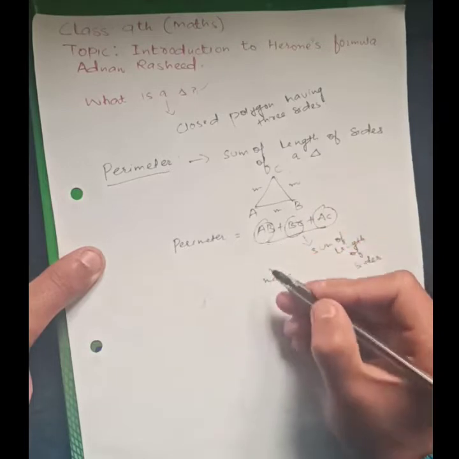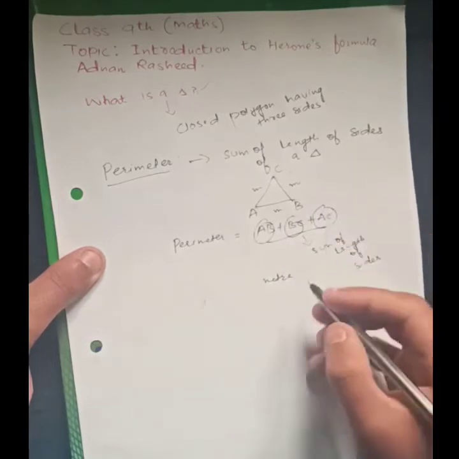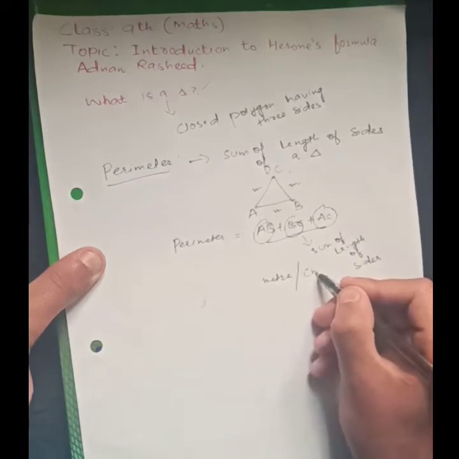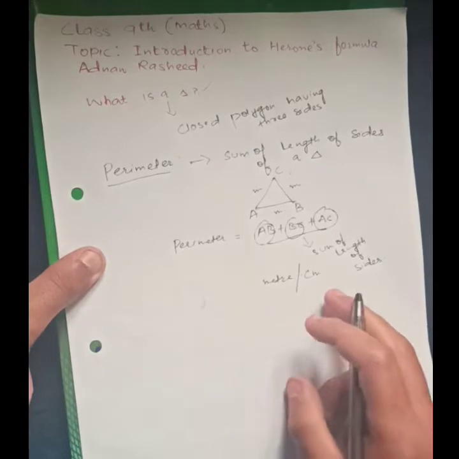If the sides are given in centimeters, if AB is in centimeter, BC is in centimeter, AC is in centimeter, then the unit will become centimeter. So the SI unit of perimeter is either meter or centimeter.